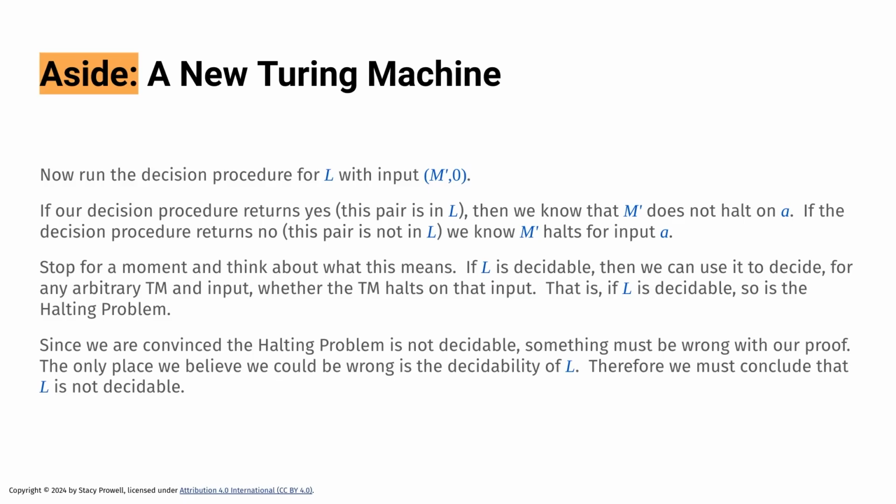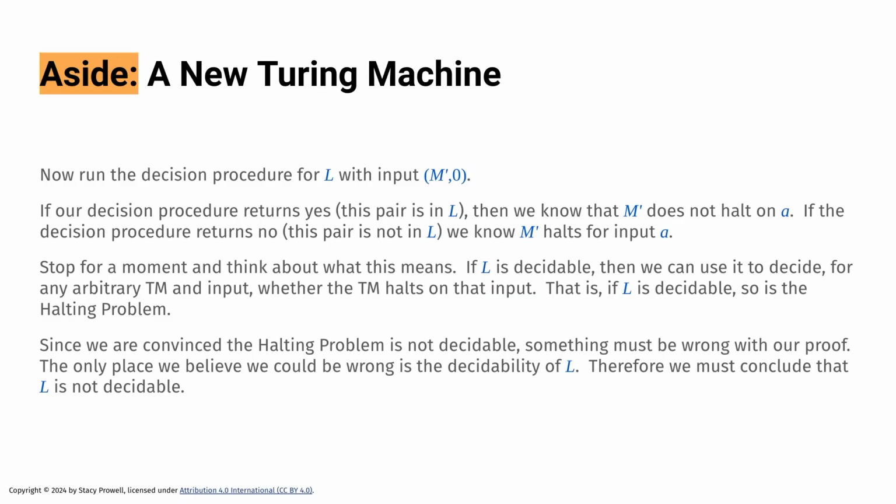Now, we run the decision procedure for L with the input M prime, our new machine that halts if M halts on A and doesn't halt if M doesn't halt on A, and 0. Right? What are we asking? We're asking, does M prime halt on 0 or fewer inputs? Okay. We're asking, does M prime ever halt?